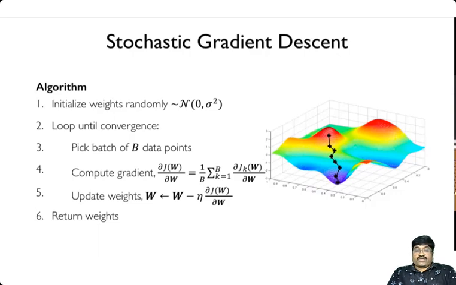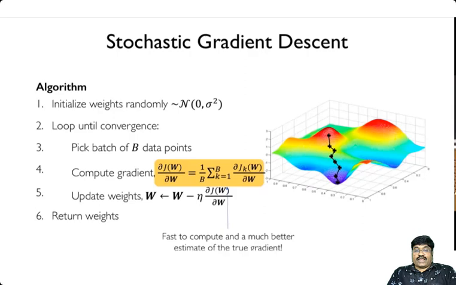Now, the true gradient is obtained by averaging the gradient from each of those B points. So B is the size of your batch in this case. Since B is normally not that large, like I said, maybe on the order of tens to hundreds, this is much faster to compute than full gradient descent and much more accurate than stochastic gradient descent because it's using more than one point, more than one estimate.